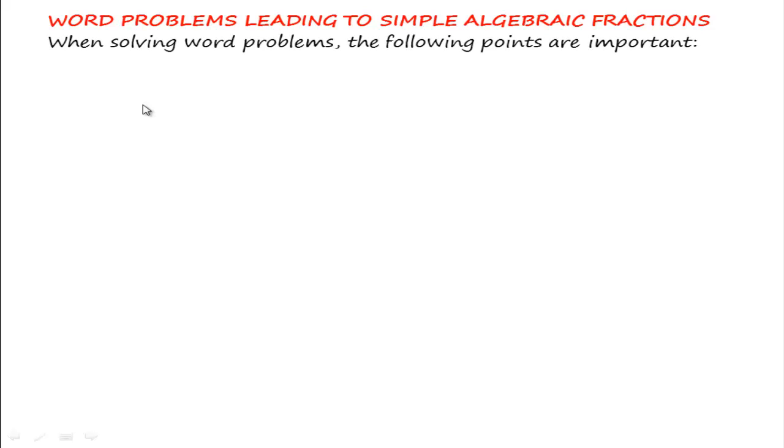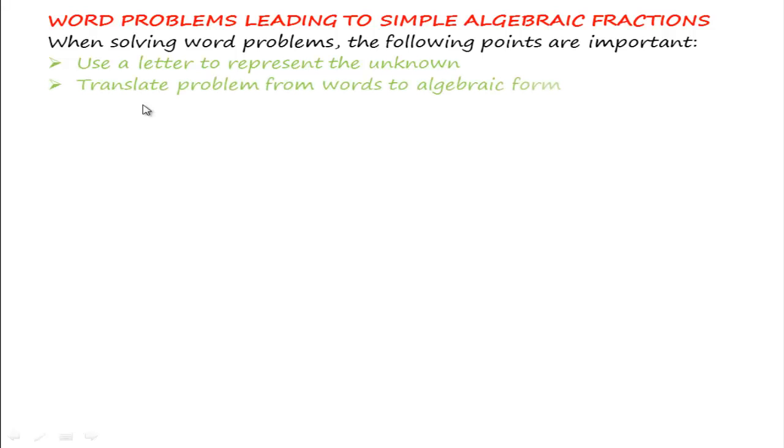So let's move on. Now we are going to word problems leading to simple algebraic fractions. When solving word problems, the following points are very important. Number one is that you must use a letter to represent your unknowns.